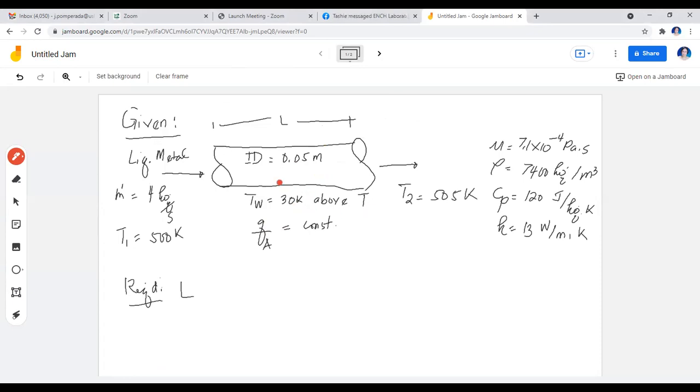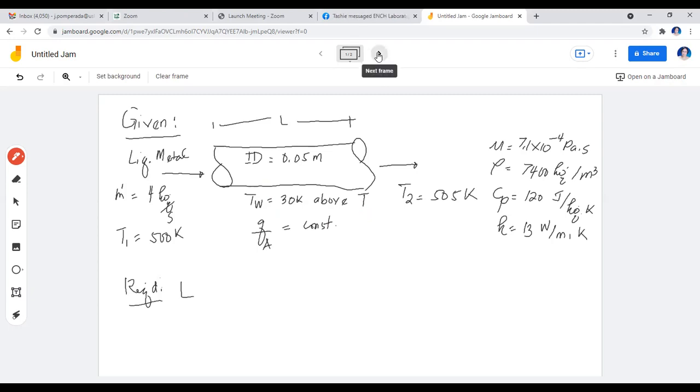This 30 Kelvin that is stated here is actually already the difference of the wall temperature and the bulk fluid temperature, because whatever is the value of the wall temperature, it's 30 Kelvin above the bulk fluid temperature.